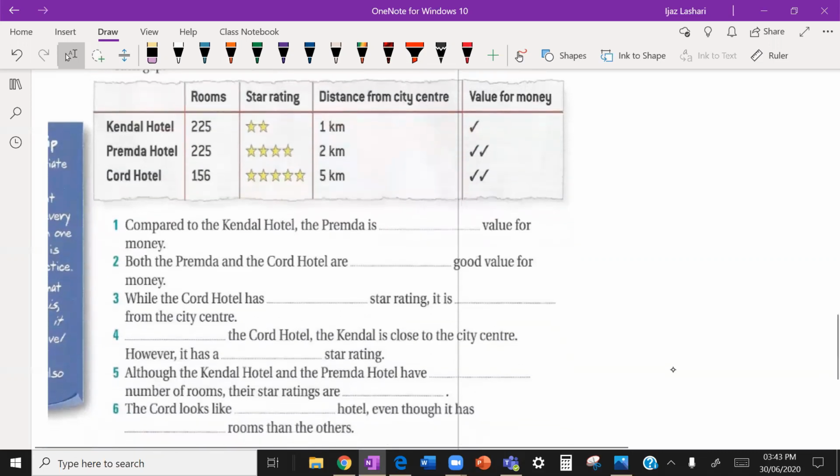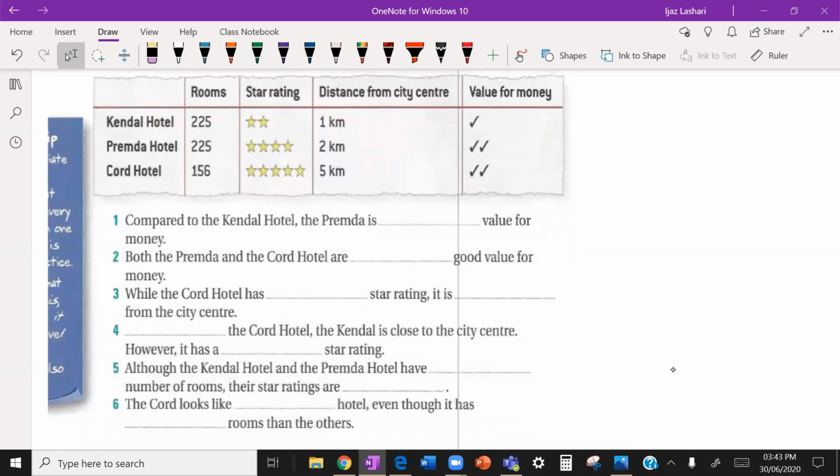Rome's star rating, distance from city center, value for money. Kendall Hotel 225 rooms, star rating 2, distance from city center 1 kilometer, value for money 1.